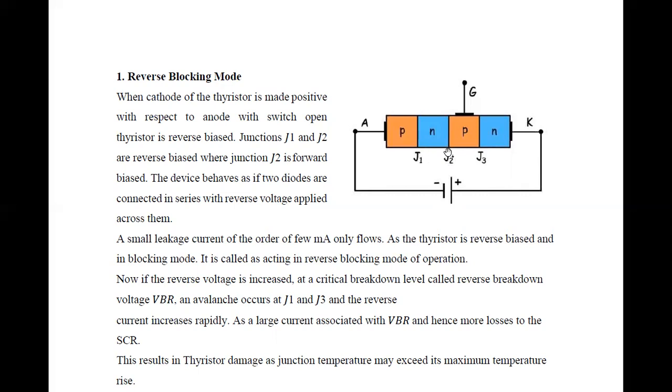In the same way, for junction J2, N is connected to negative and P is connected to positive, so this is forward biased. And for junction J3, P is connected towards the negative terminal of the supply and N is connected towards the positive terminal of the supply. So junctions J1 and J3 are in reverse bias and junction J2 is in forward bias. As these junctions J1 and J3 are in reverse bias, this SCR does not conduct any current.